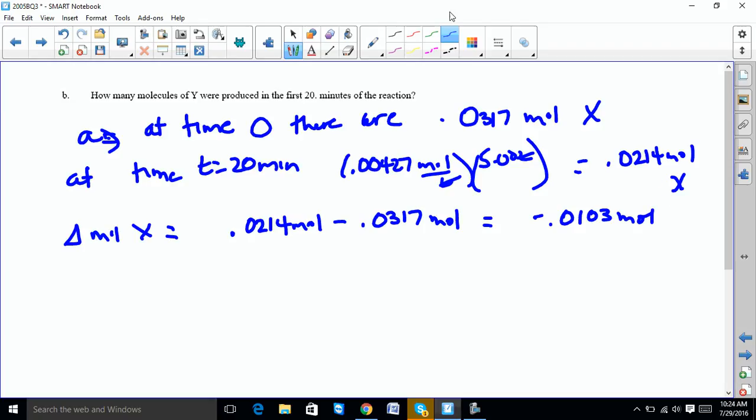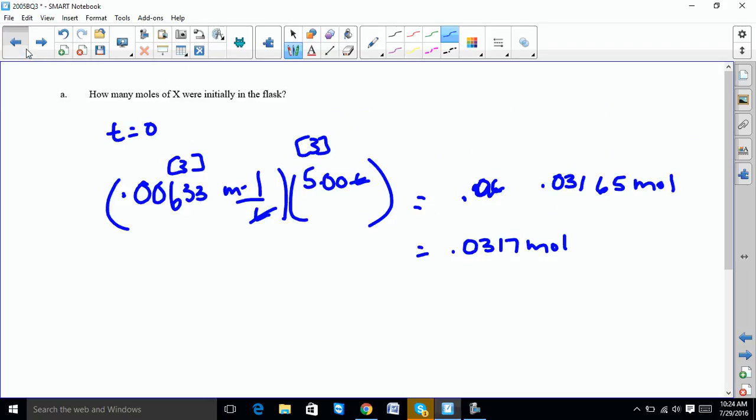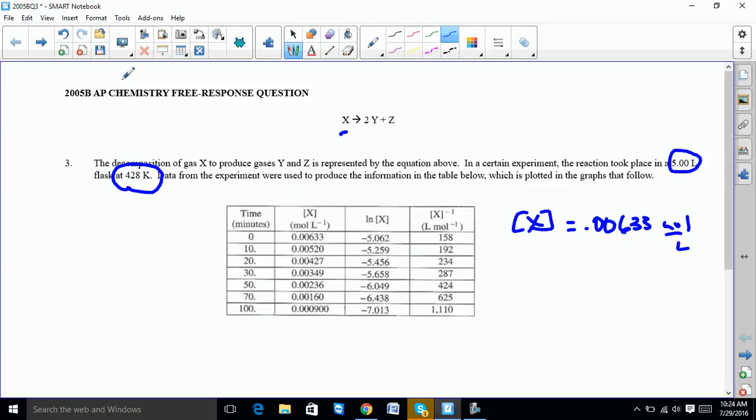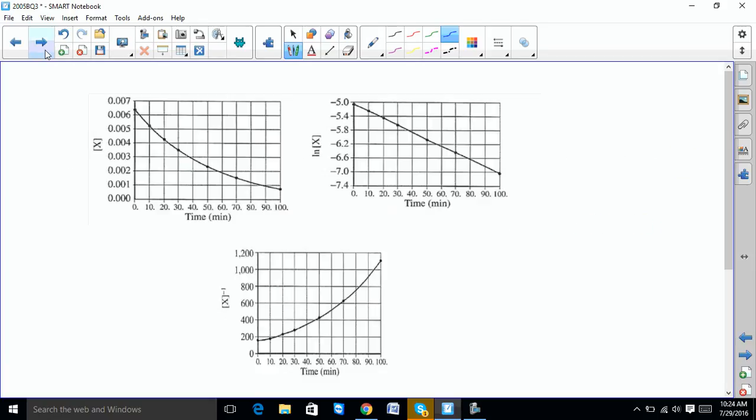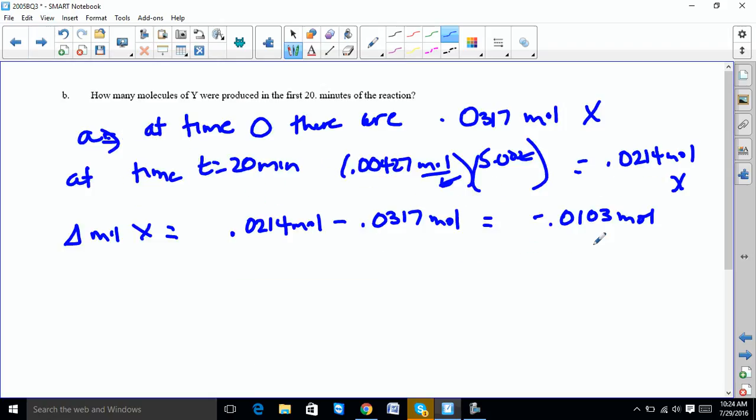And if we go back to the first page, that needs to make sense to you, because as this reaction proceeds, the reactant concentration always goes down because X is turning into Y and Z, but the product concentration goes up. And so it should not be concerning. As a matter of fact, you should get some positive feedback here that between time equals 0 and time equals 20 minutes, the number of moles is going down.